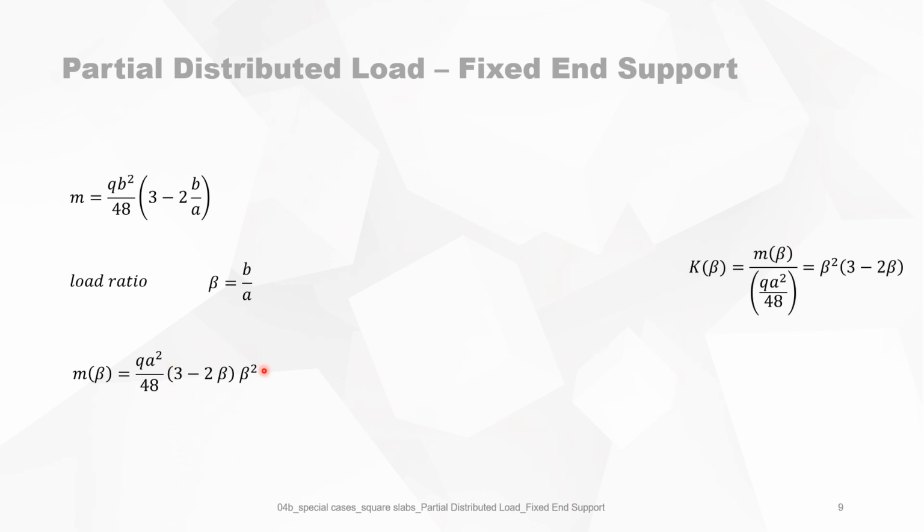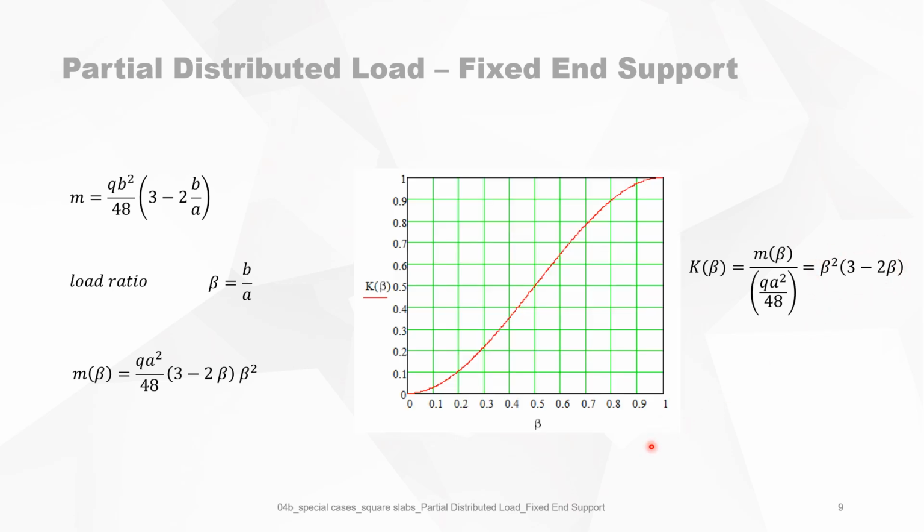And what is left is a coefficient K as a function of beta, which is beta squared times 3 minus 2 beta. Now it's easy to calculate the maximum bending moments because it's just the maximum that you expect from fully loaded slabs, which is QA squared over 48, because the ends are fixed end supports, times the coefficient K of beta.